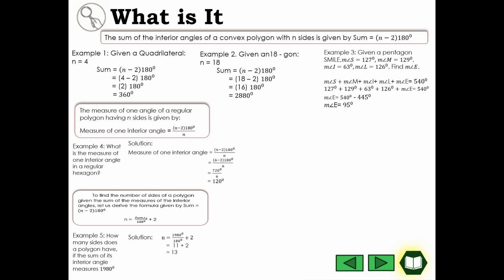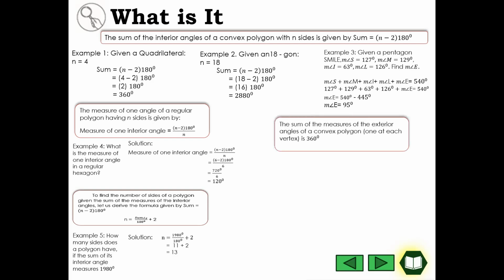All right. Now let us go to the sum of the measures of the exterior angles of a convex polygon, provided it is only one at each vertex, which is always equal to 360 degrees. Okay, so let us have example number 6. How many sides does a polygon have if its exterior angle measures 24 degrees?